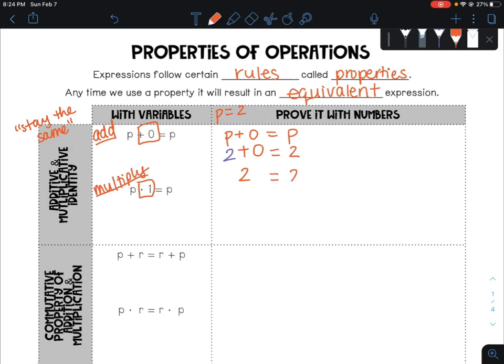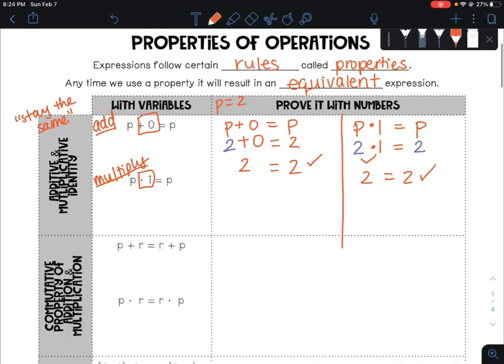So it works out. Another example here would be P times 1 equals P. If P is 2, times it by 1, it's supposed to equal 2. 2 times 1 is 2, so it worked out perfectly.